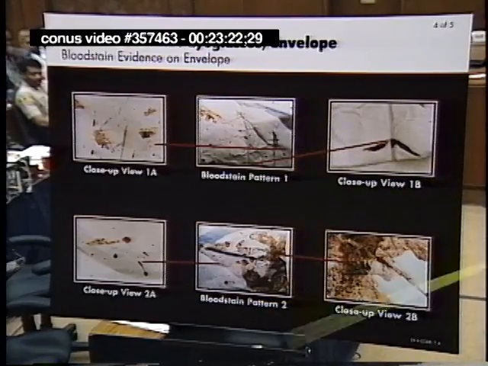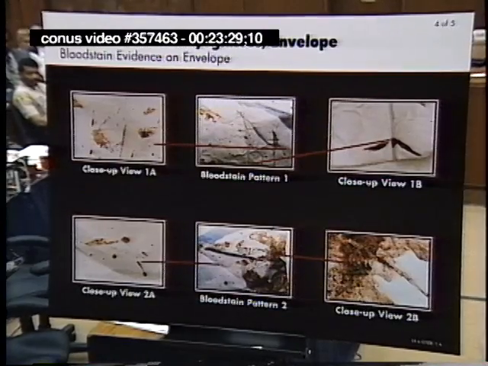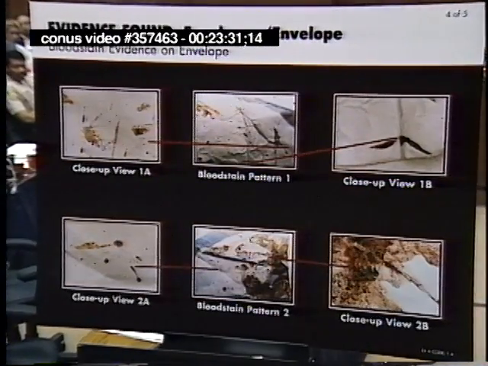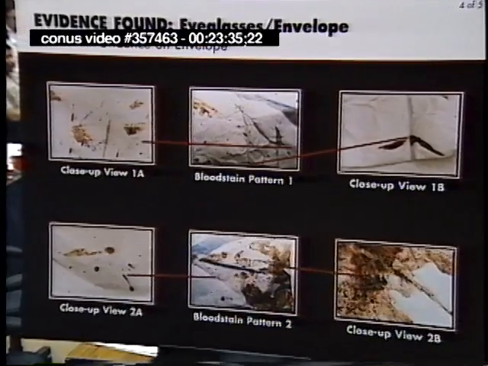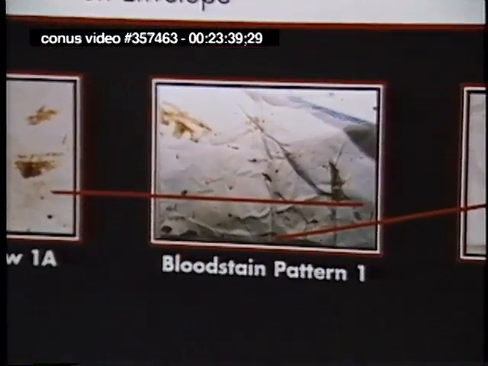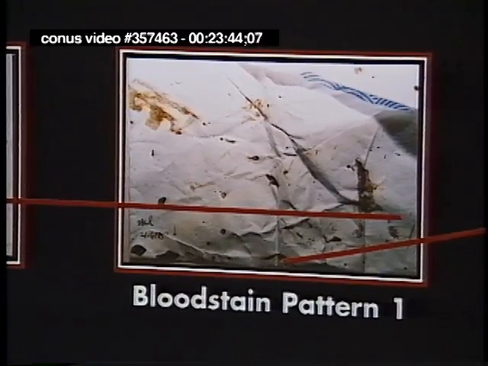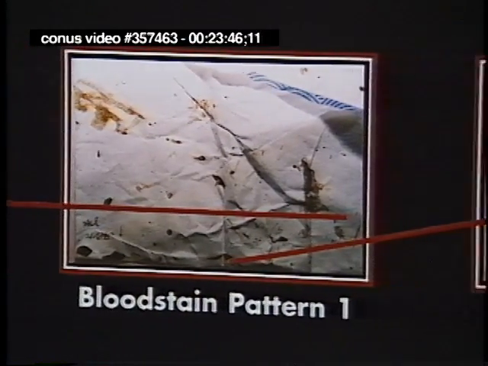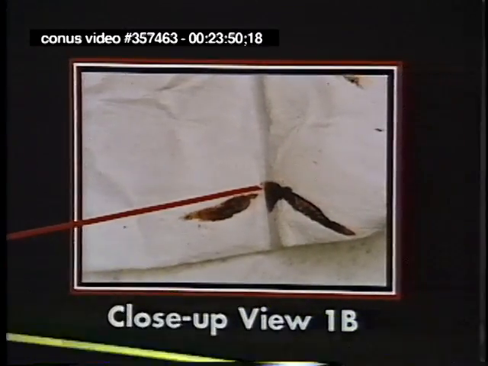Your Honor, just for the record, he was pointing on the evidence-bound eyeglass envelope exhibit, the photograph on the top center, bloodstain pattern 1, approximately bisecting the photograph in what appears to be a fold. Thank you. In fact, I would add to that description that the fold begins at the bottom of the picture. No, counsel, the photograph speaks for itself.